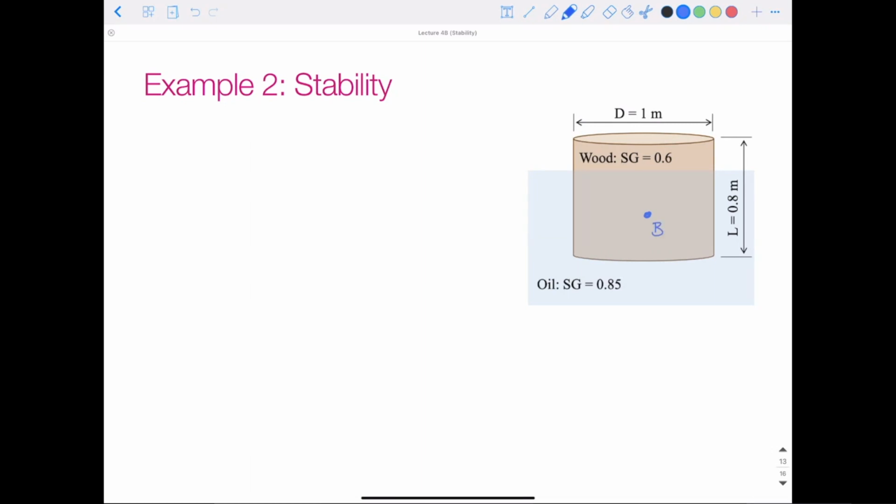This is B, and it's equal to h over 2. And our center of gravity is equal to L over 2 from the top.